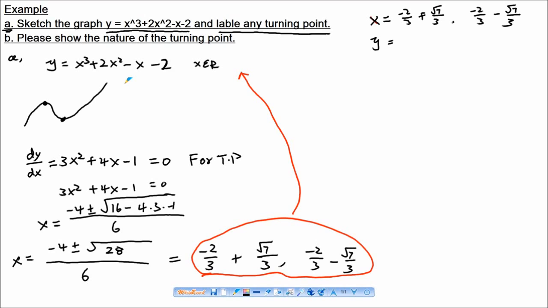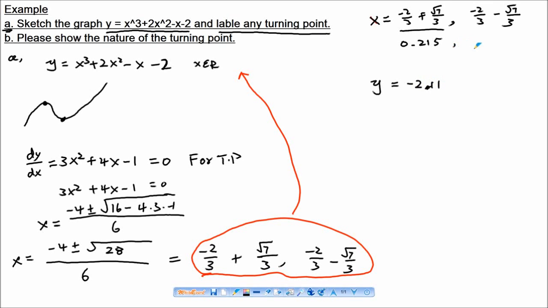The x value in decimal form is 0.215, and the y value will be minus 2.11.